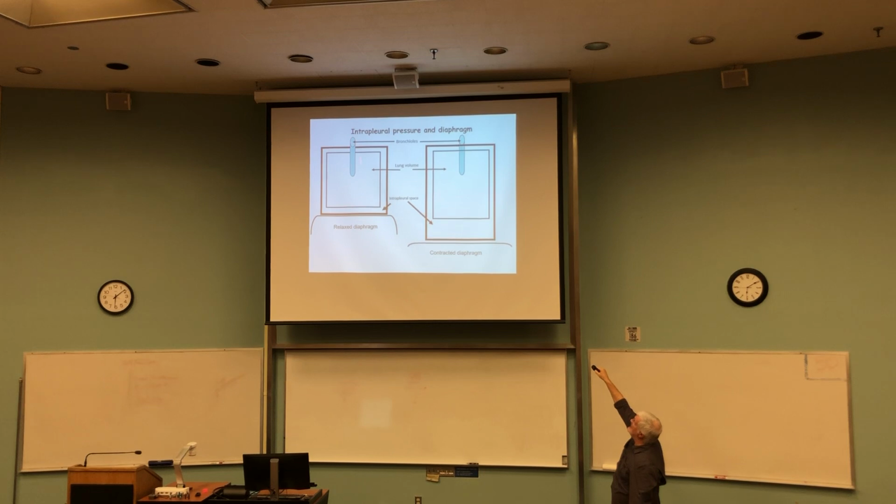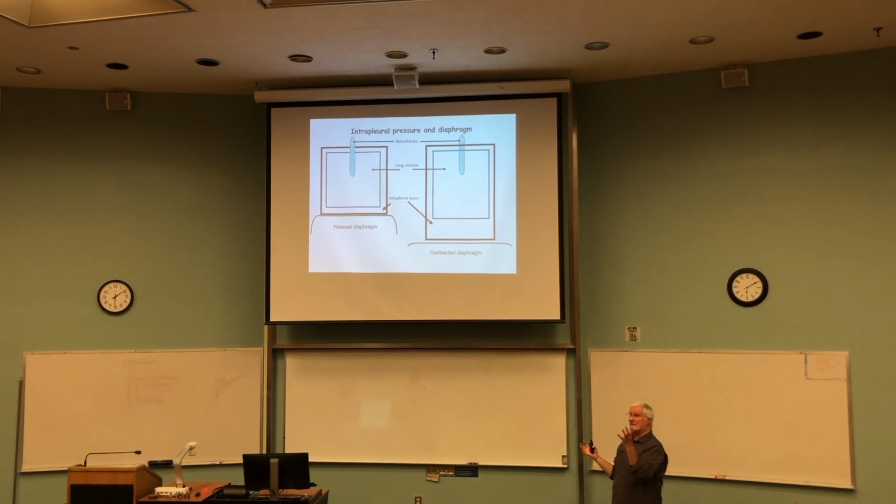And this will be basically your conducting system, right, coming into the lungs. Now when the diaphragm is contracted, it becomes more of a flattened shape, more of a dome shape when it's relaxed. When I contract it, it becomes more flat. And since it's connected to the parietal pleura, if I contract the diaphragm, I pull on the parietal pleura, and what happened to the space between the visceral and parietal layers?